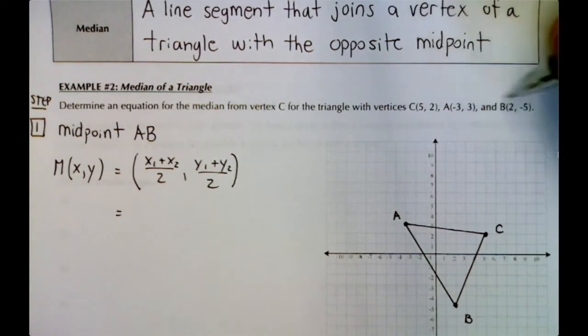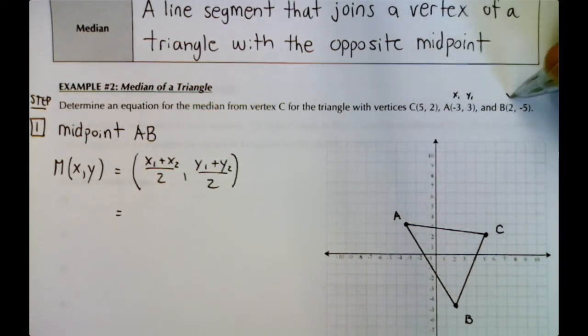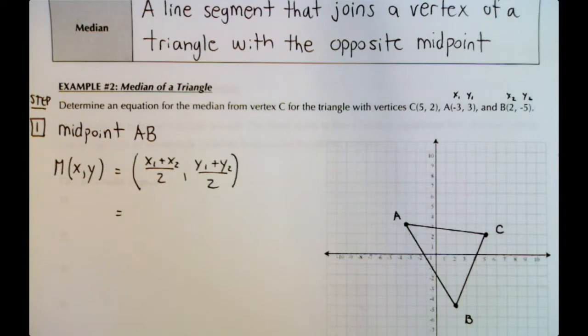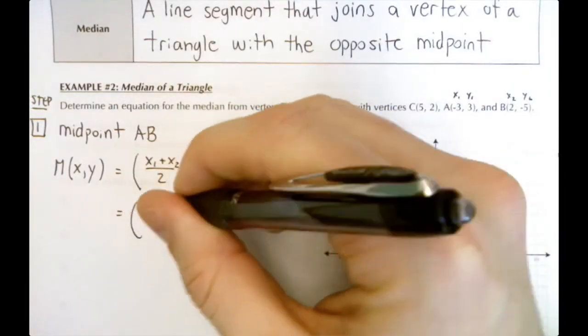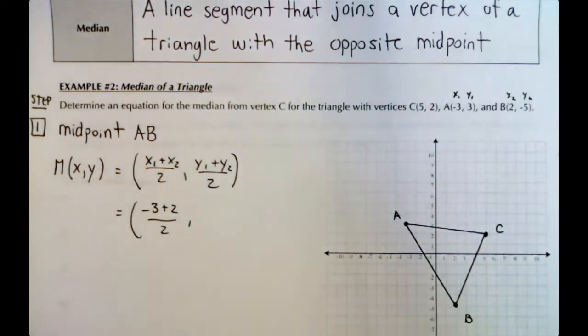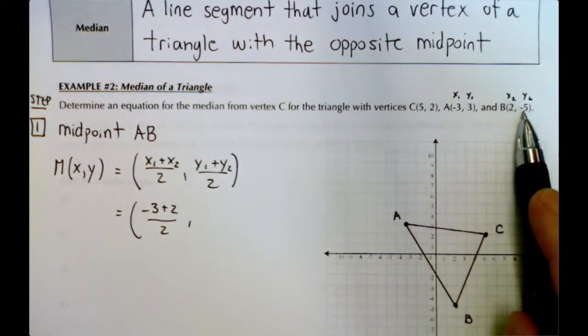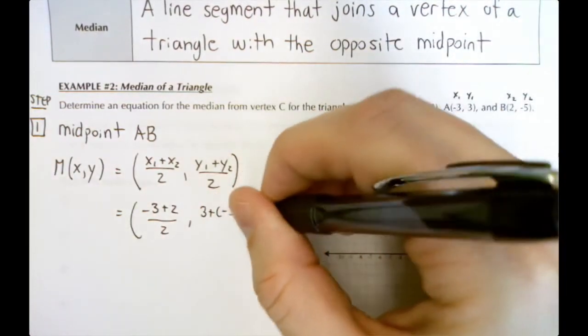Our 2 points are A and B, so this is my x1 and my y1. This is my x2 and my y2. So x1 and x2 are negative 3 and 2, so we've got negative 3 plus 2 over 2. And for our y's, we've got 3 plus negative 5 over 2.